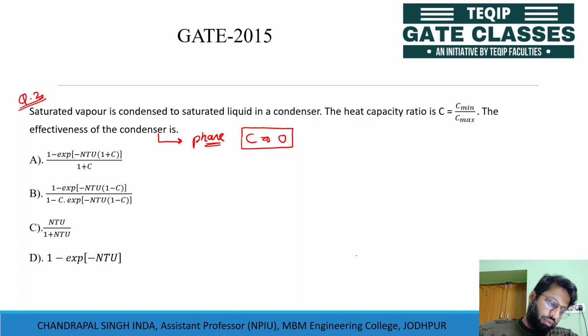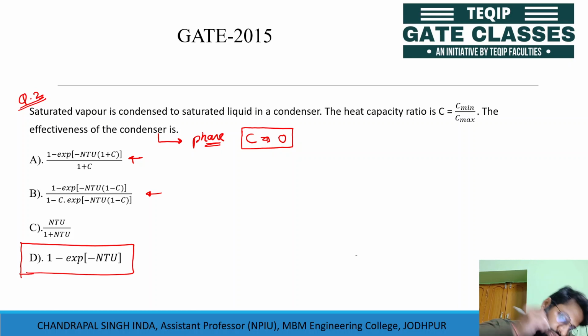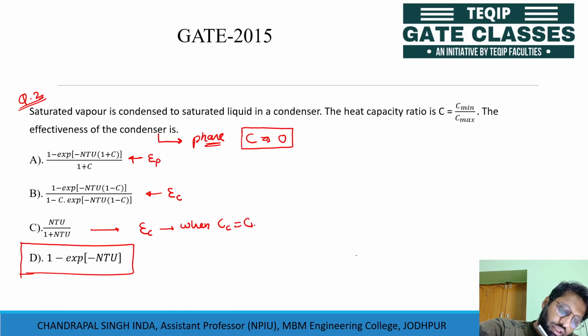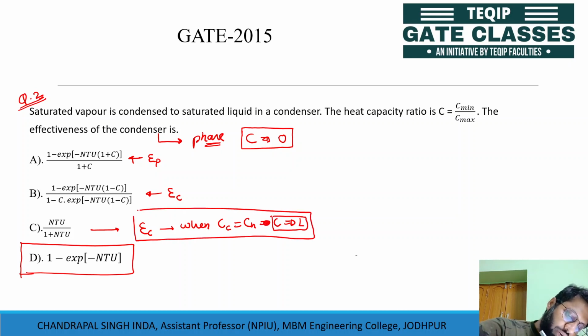And if you put C equal to 0 in the expressions given in options A and B, then we will have option D. This represents the effectiveness of the parallel flow heat exchanger, this represents the effectiveness of the counterflow heat exchanger, and this is related to the effectiveness of the counterflow heat exchanger when Cc is equal to Ch, that is C is equal to 1.